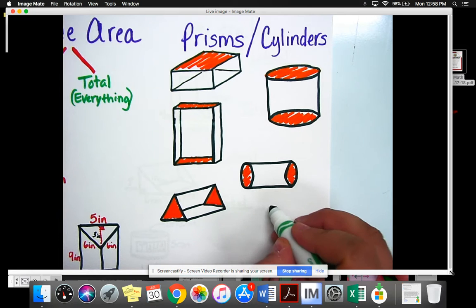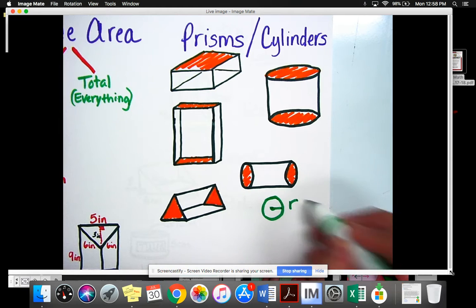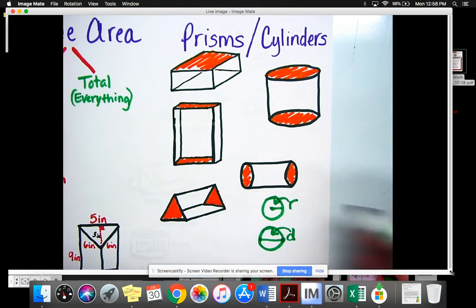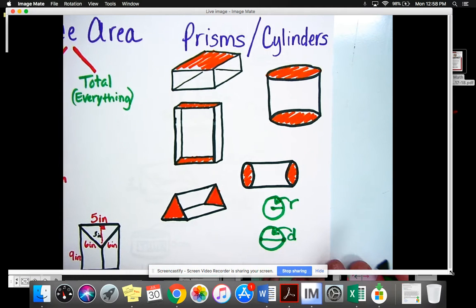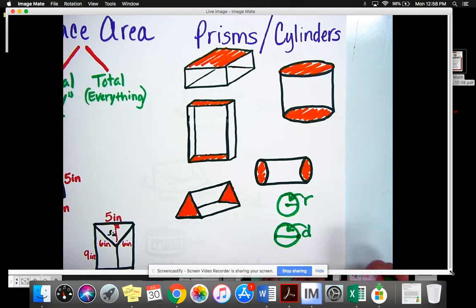I'm going to draw a little circle here, and you can add it if you want. We have the radius, and then if you go all the way across the same circle, that's the diameter. Just be aware, because that might come up. You don't have to draw these. You always have the video to refer back to.